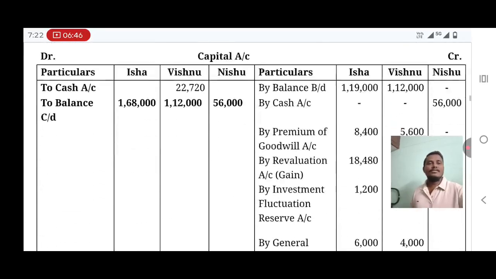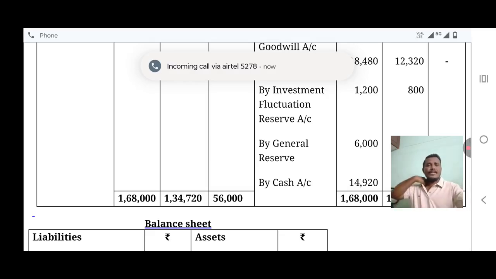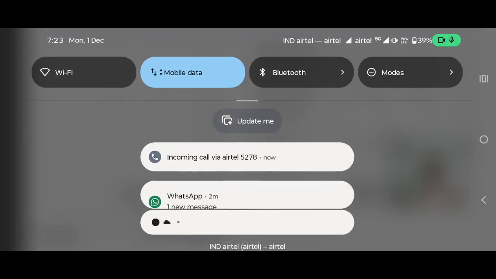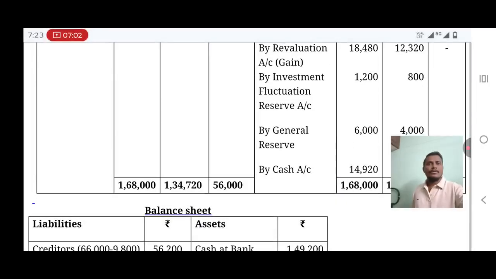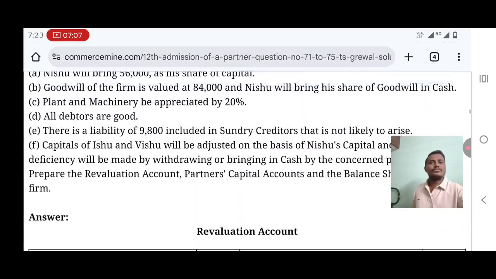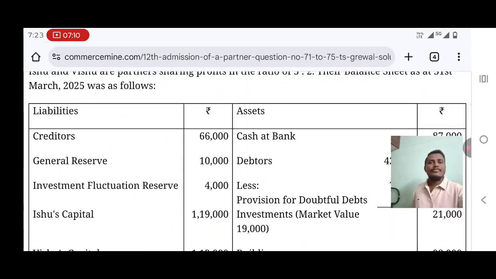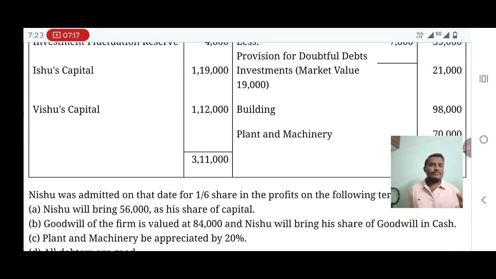I think it's 6,000, 4,000. Then by investment fluctuation reserve account, investment fluctuation reserve is 4,000 and market value for investments, here they have shown on the asset side.